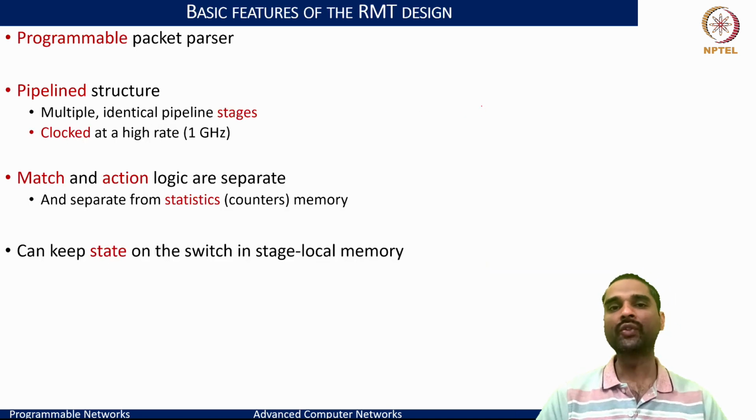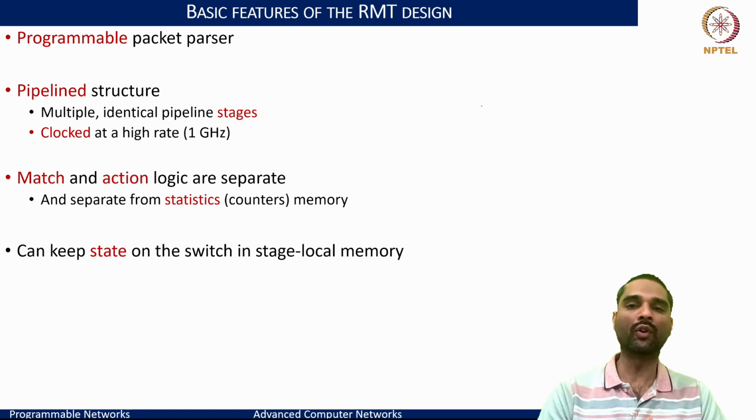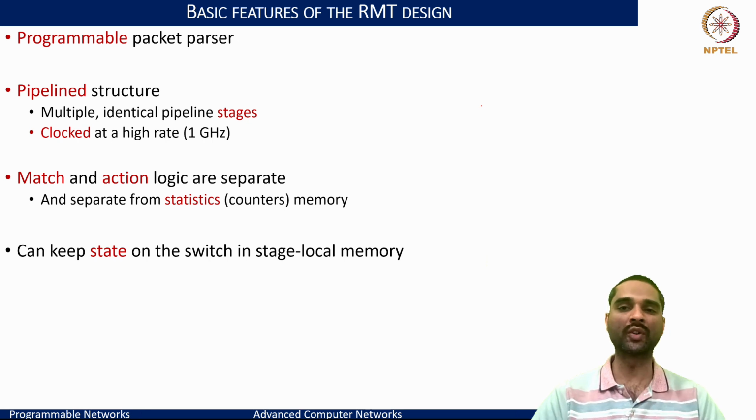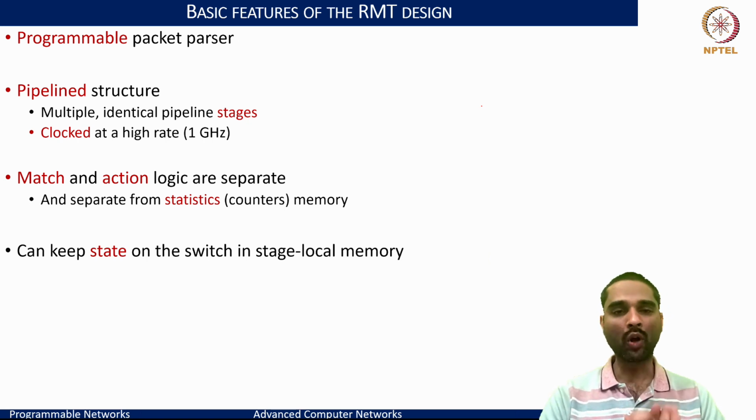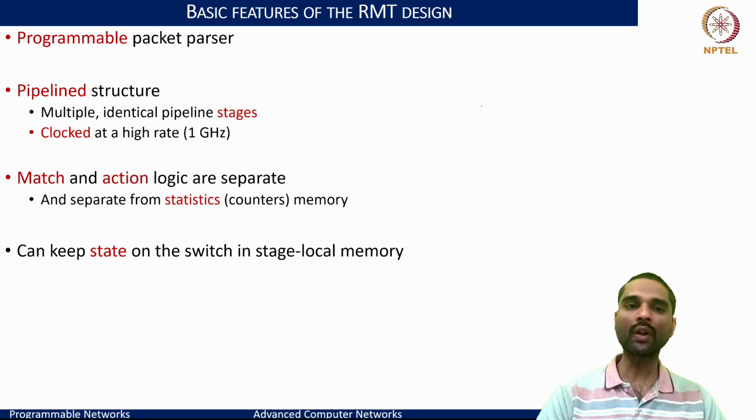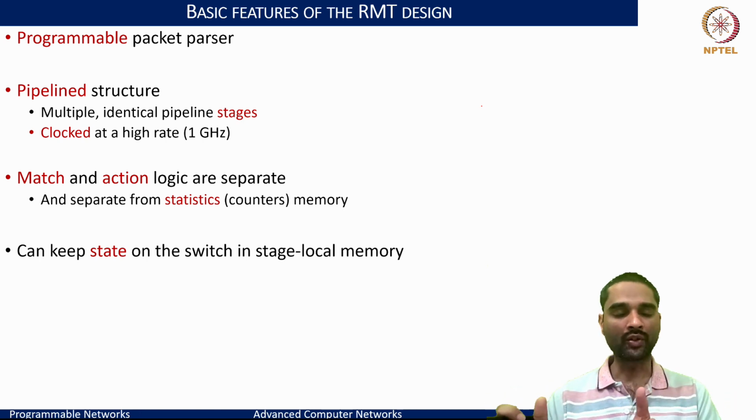And these basic features were the call-in for what we call the reconfigurable match action table design, wherein the first component is the programmable packet parser, where the parser block could be configured and updated with respect to what headers you would want to extract, and the pipeline structure in terms of the match actions that we would want to do.